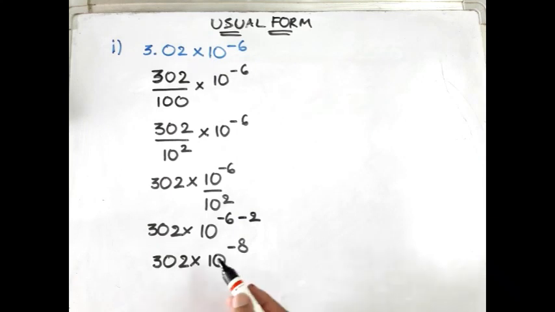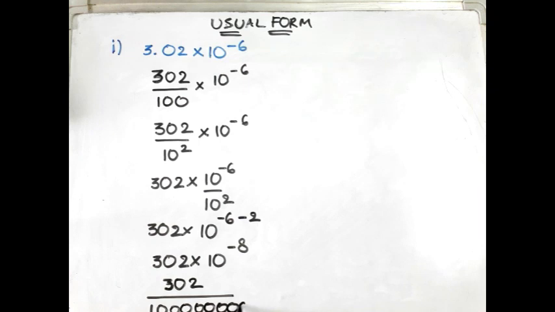That means 302 divided by 1 followed by how many zeros? 8. 1, 2, 3, 4, 5, 6, 7, 8.